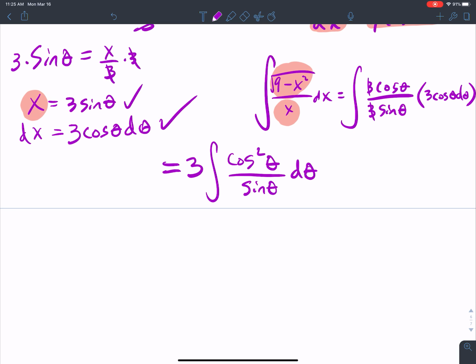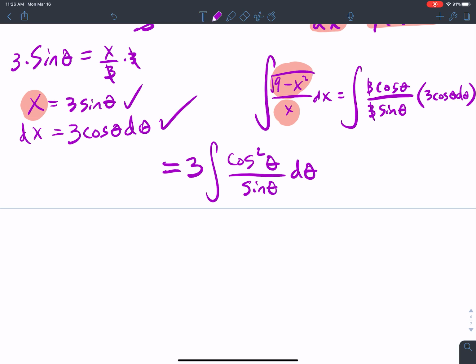Is there any way algebraically I can simplify? Well, the numerator degree is power 2 and the denominator is power 1, so I'm kind of thinking long division. But long division's kind of difficult here because I've got a cat up here and a dog down here. Those are two different things.